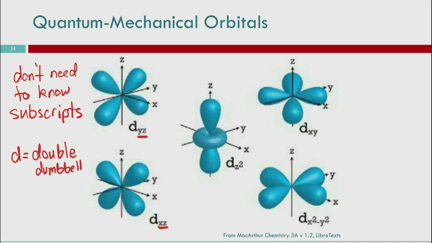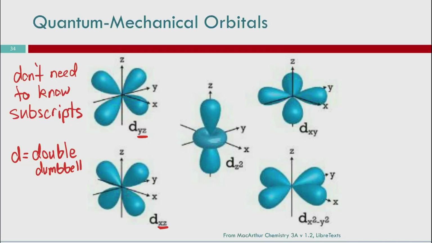And then the dx squared minus y squared is along the x and the y, so it's rotated from our dxy. And then for dz squared, we've just got one dumbbell, and we've got a donut shape, a torus, that is the donut shape around the dumbbell.